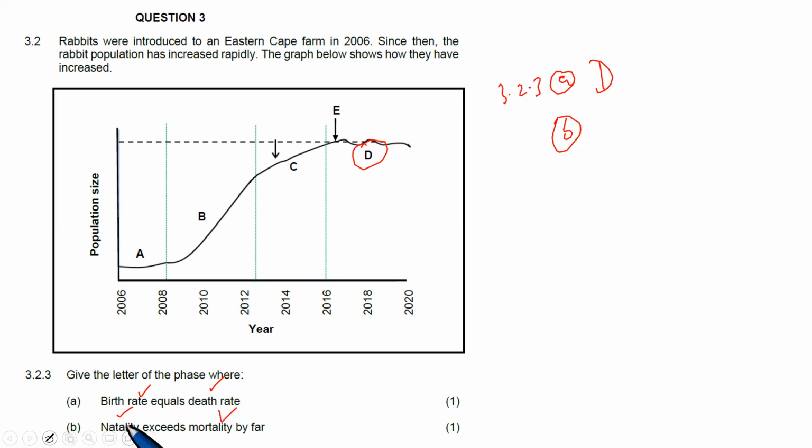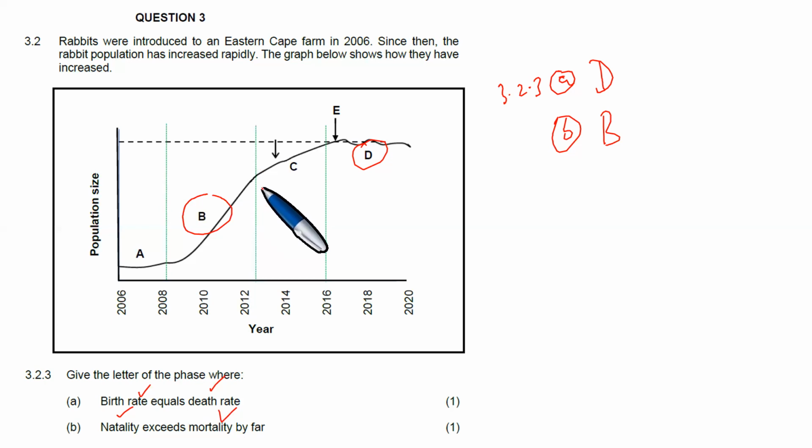Okay, we're not looking at that, but look at natality exceeds mortality. That means more are born, right? Give the letter where that is happening. More are born than those rabbits that are dying. So obviously we can see that it is part B, because in part B, the population size is increasing rapidly. It means more are born and fewer are dying.